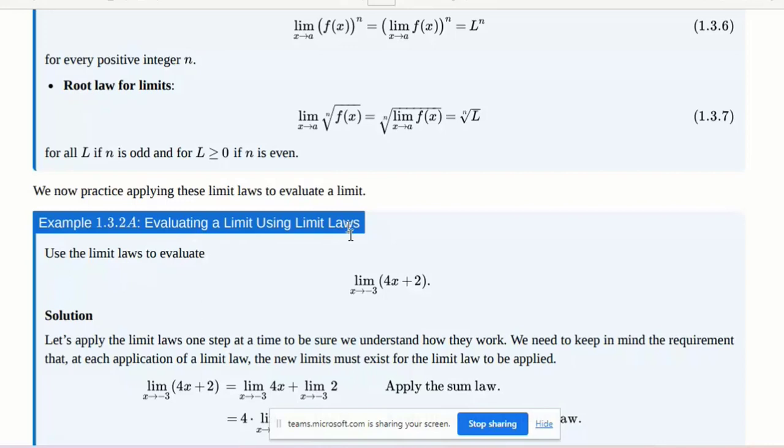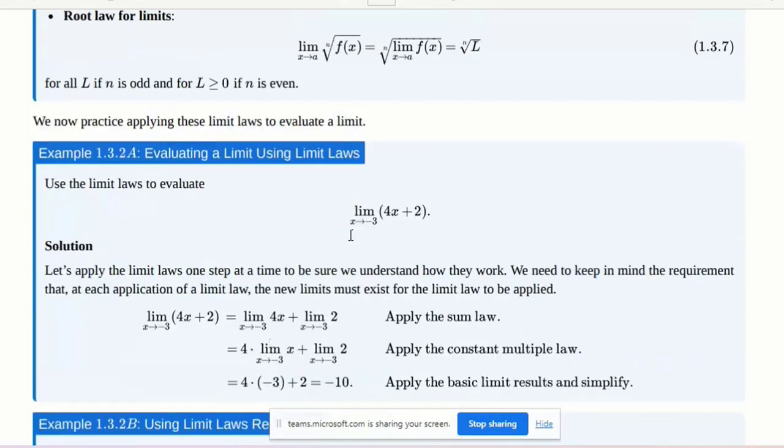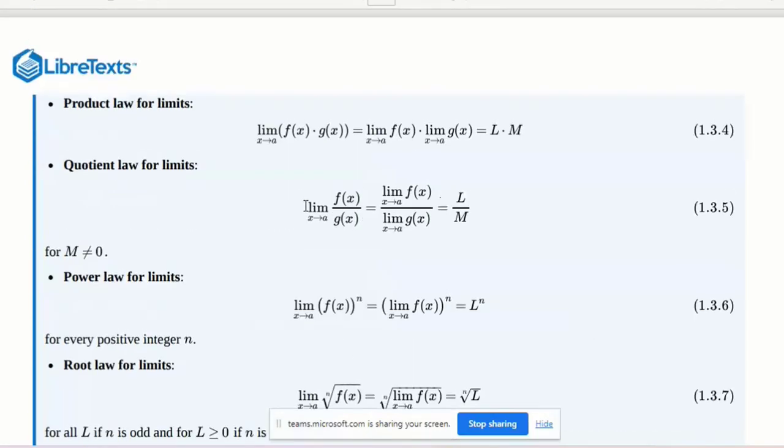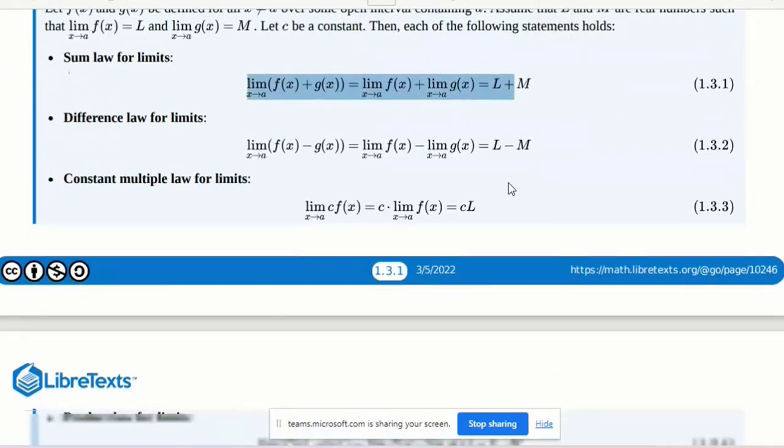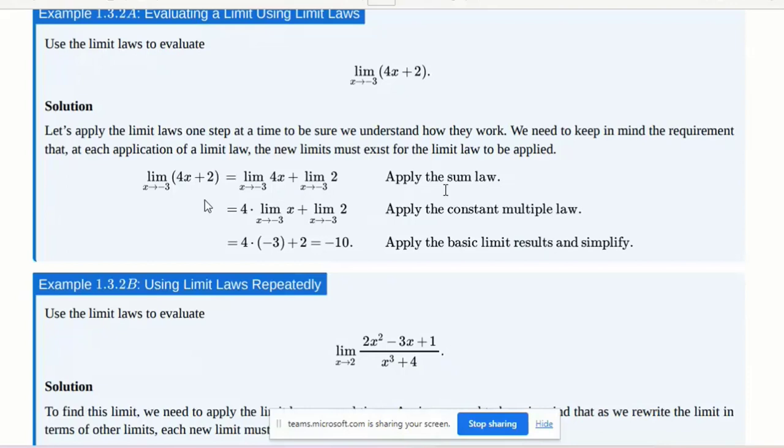Now, use the limit laws to evaluate the limit of 4x plus 2 as x approaches minus 3. Let's apply the limit laws. So this will be the limit of 4x as x approaches minus 3 plus the limit of 2 as x approaches minus 3.